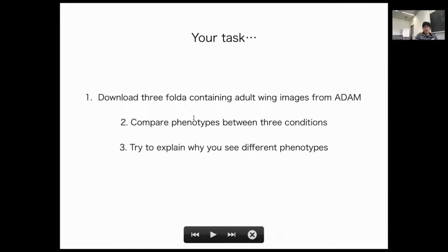Please compare the phenotypes between the three conditions, the control and the wing phenotypes expressing HA trap or DPP trap, and describe the phenotype. You probably see differences between the phenotypes, so try to explain why you see such a difference.